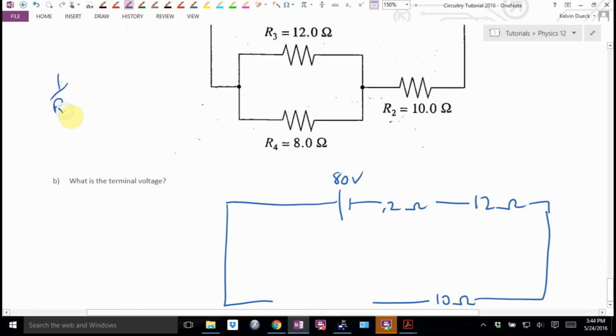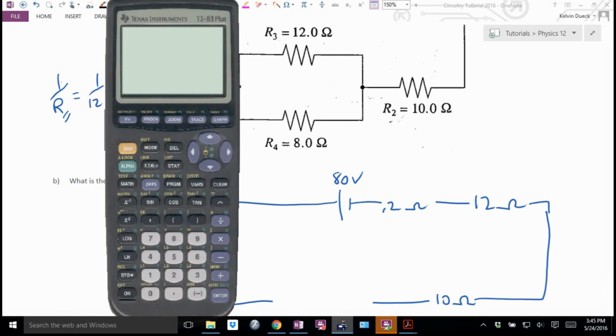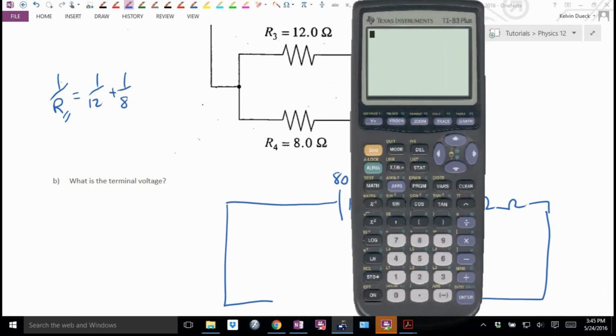1 over R parallel equals, what am I going to write? And then when I'm done that, take the reciprocal. And so the fastest way that you can possibly type this is you can actually go 12 reciprocal plus 8 reciprocal equals reciprocal.